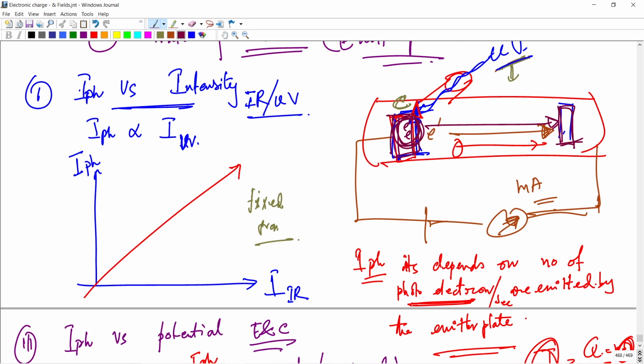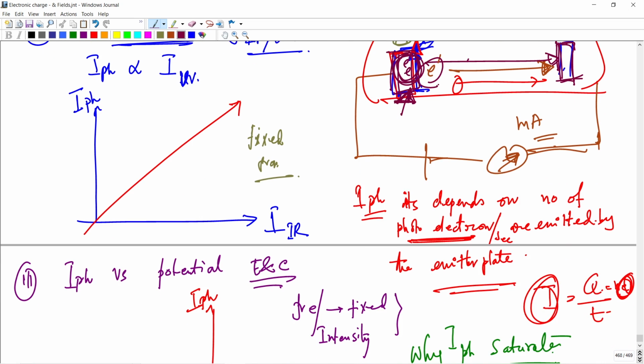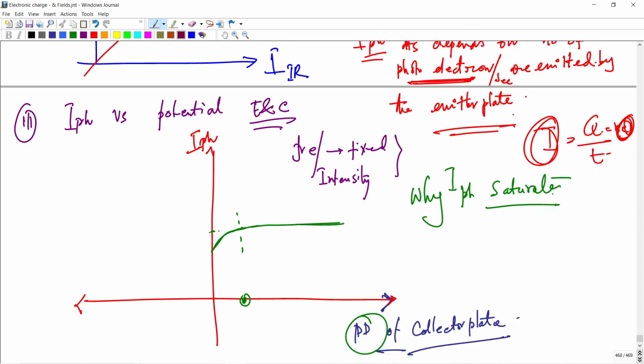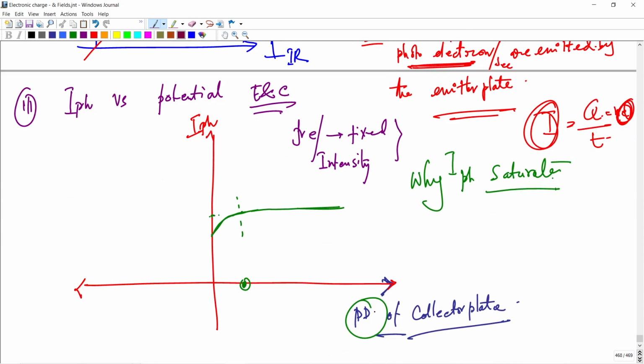So there are no free electrons left in the emitter plate, and no electrons move from emitter to collector plate. That's why there is no further current. If we further increase the potential difference, there are no photoelectrons because all free electrons are now in the acceptor plate. So that's why the photocurrent is saturated.